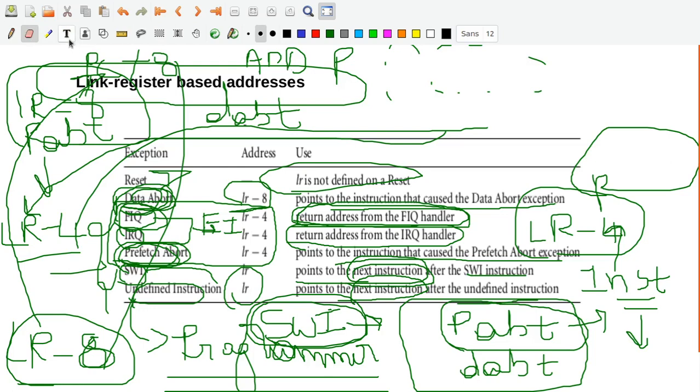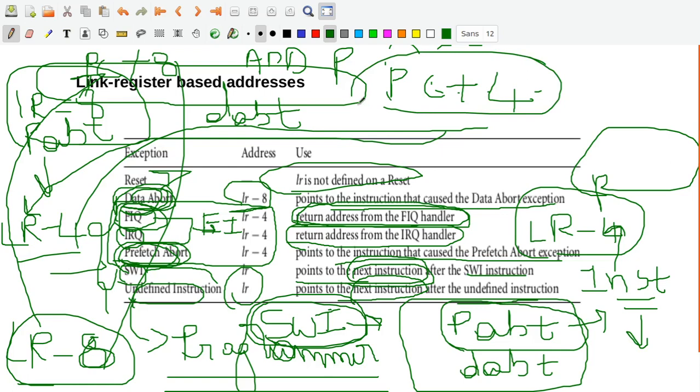At that time, whenever the exception is raised, PC plus 4, so execution is not done, it has only been decoded. So the return address has to be LR minus 4. So plus 4 minus 4 gets cancelled. Finally the link register return address will be pointing to the starting address of the instruction.